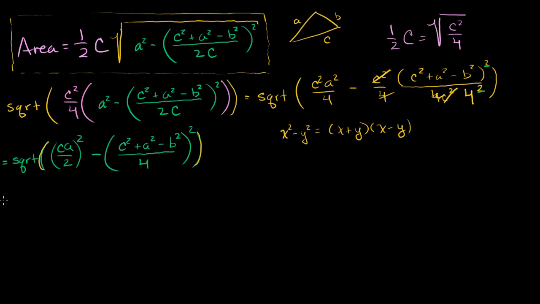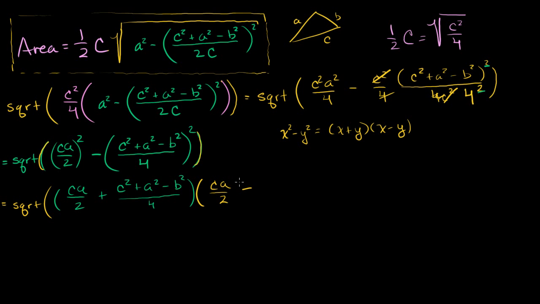So this whole thing is going to be equal to the square root of x plus y, or in this case ca over 2 plus the y, which is c squared plus a squared minus b squared over 4, times x minus y. So this is our x, ca over 2, minus all of this business over here.